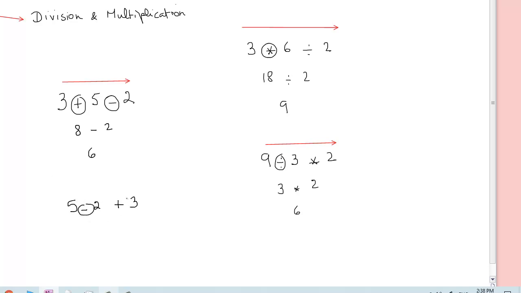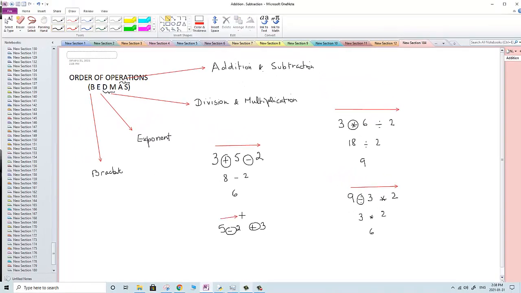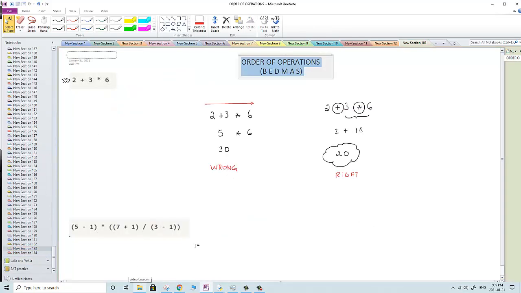Again I have subtraction and addition at the same level, so I start from left to right. That means 5 minus 2 equals 3, 3 plus 3 equals 6. So this is how Python understands, because Python uses the order of operation.